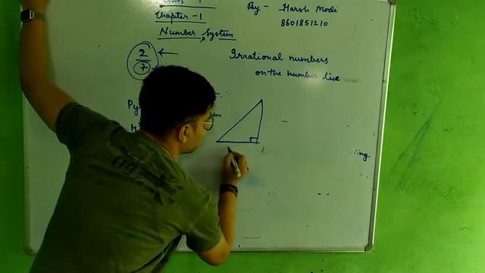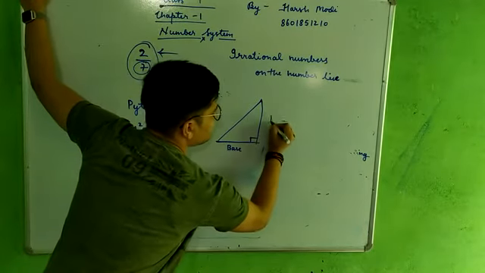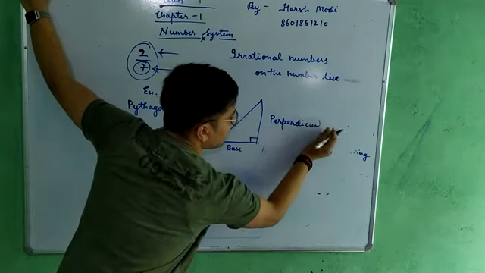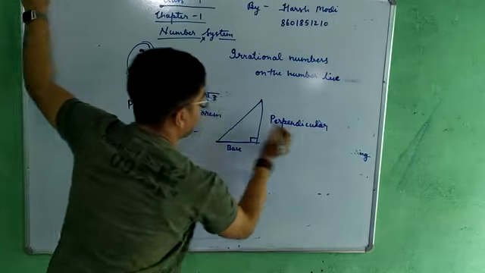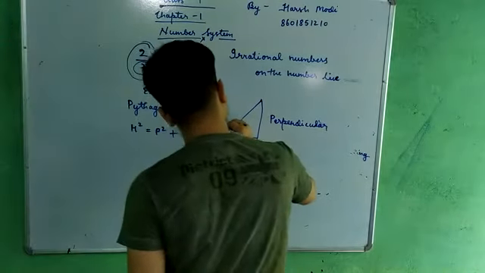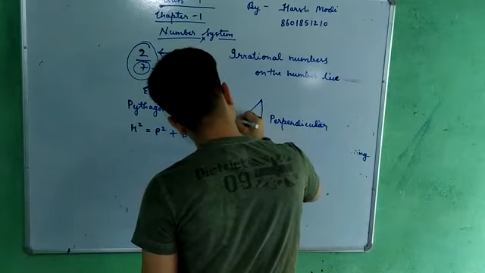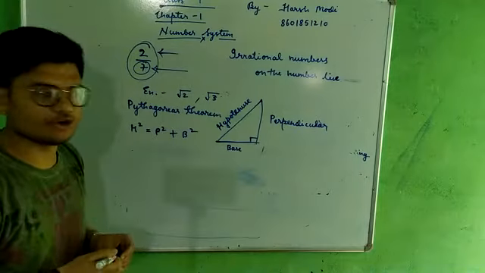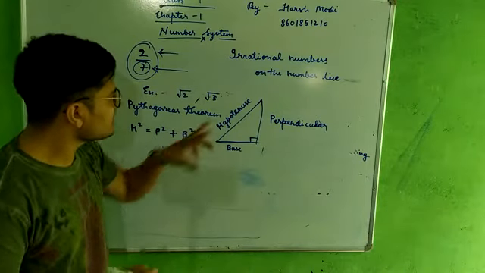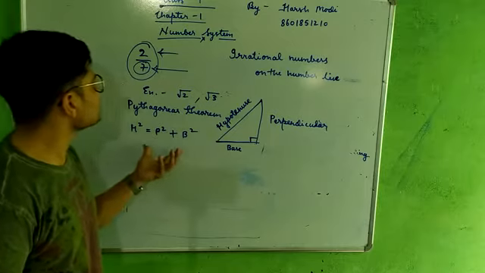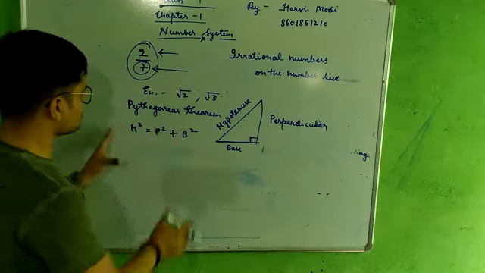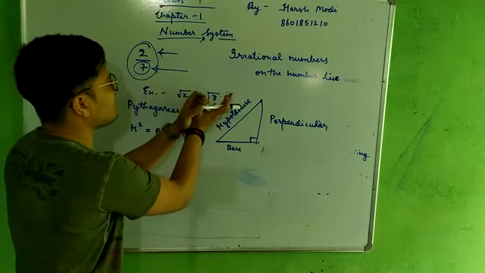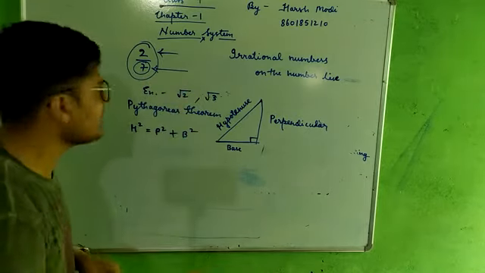So here it shows the base, this is perpendicular, and this is hypotenuse. Using this Pythagoras theorem, we are going to locate under root 2 and under root 3 on the number line.